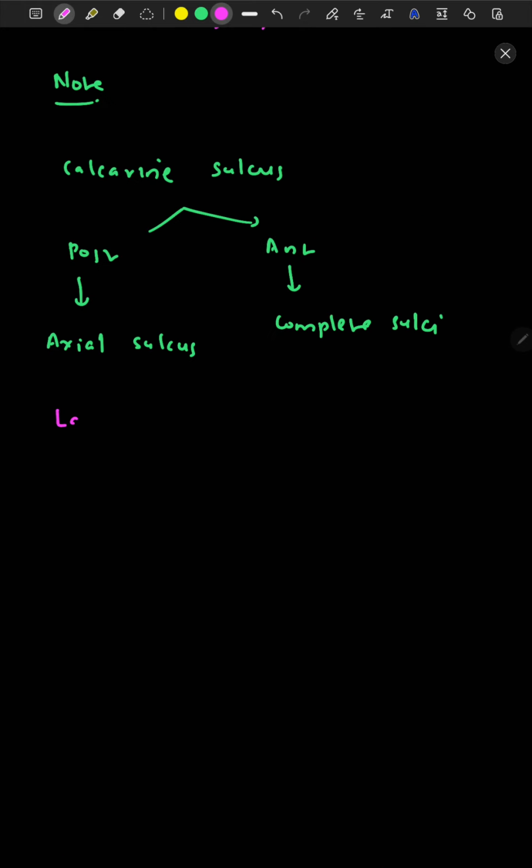Most of the lateral part of the brain is supplied by the middle cerebral artery.